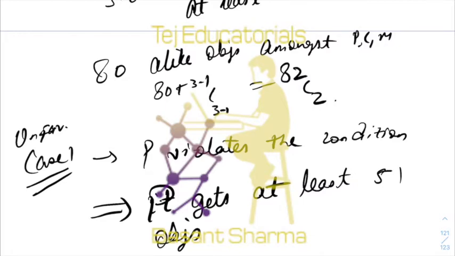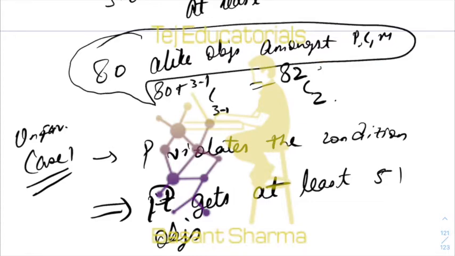So the problem we have is to distribute 80 alike objects amongst P, C and M. Out of these 82C2 ways, in how many ways is P violating the condition? That is, P gets at least 51 objects out of 80.